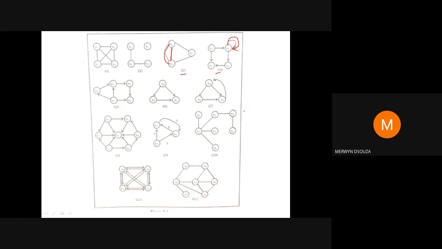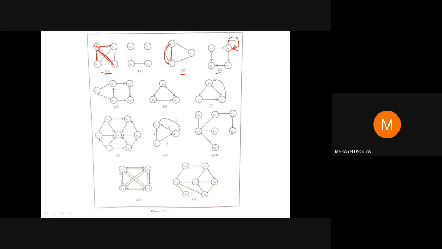Next definition, regular graph. A graph is regular if every vertex is adjacent to the same number of vertices. You can see G1 is an example of a regular graph. Take any vertex, say V0. How many vertices is it adjacent to? It is adjacent to V1 because there's an edge from V0 to V1, adjacent to V3 because there's an edge in this direction, and adjacent to V2 because there's an edge.